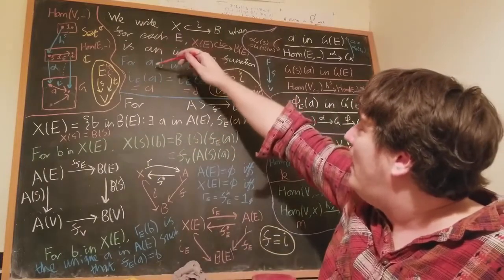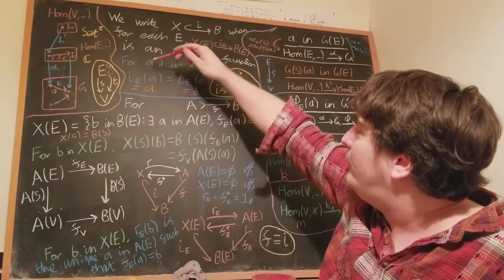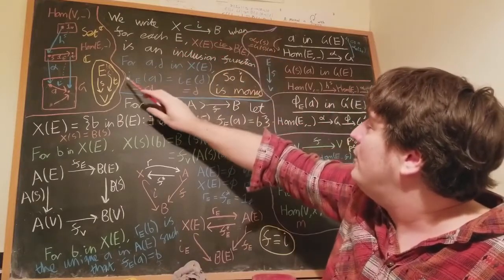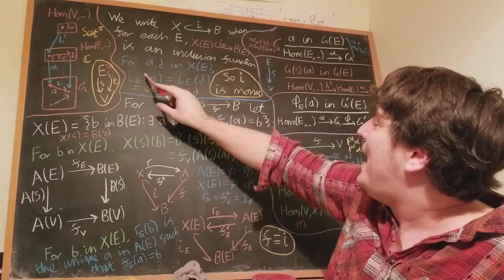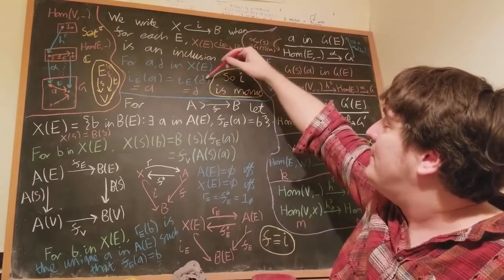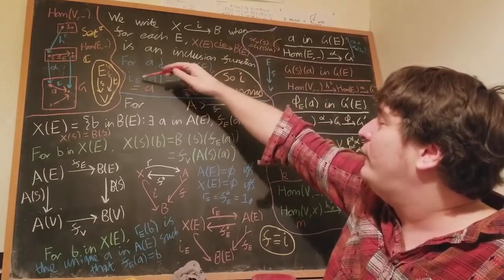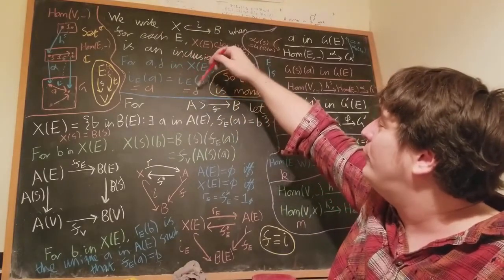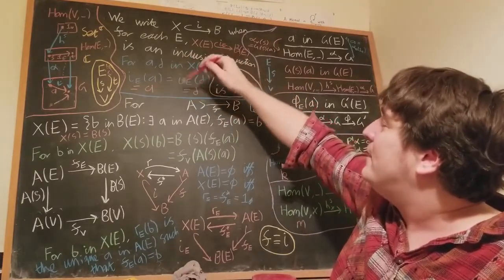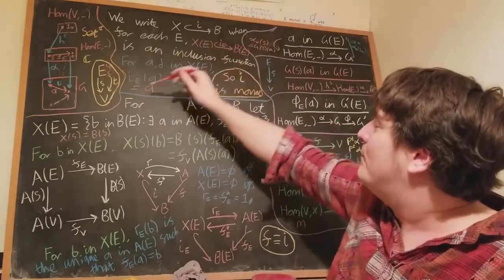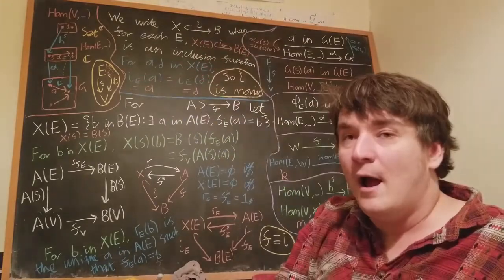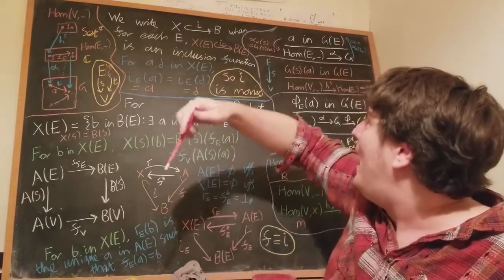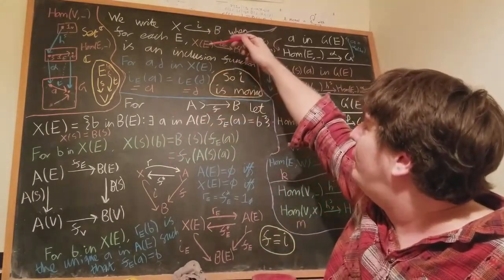If we take a couple of elements A and D in X of E, and we assume I of E of A equals I of E of D, then, since this is an inclusion function, it's trivial really. This is equal to A and this is equal to D, so A equals D. And that's enough to show that I of E is one-to-one on these E-type elements.